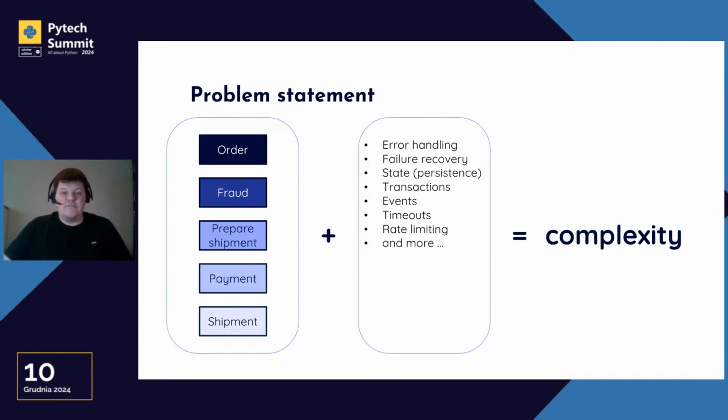It means we need to have timeouts, and after some time we need to cancel our order and make compensation, like returning money to the client. So together we can expect complexity. And yes, of course, I have good news for today.